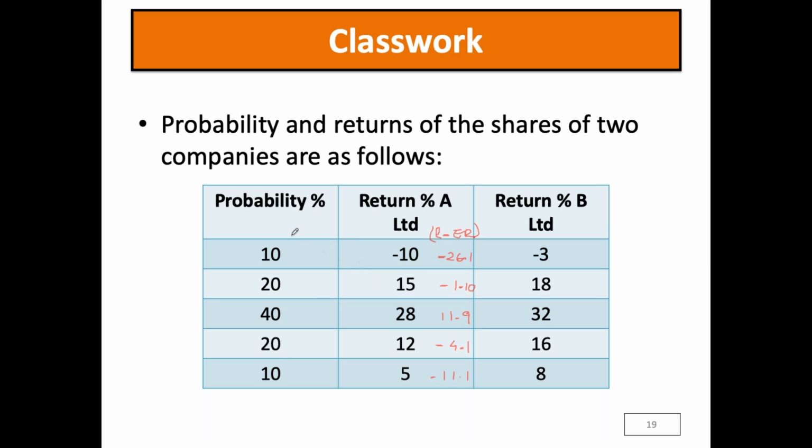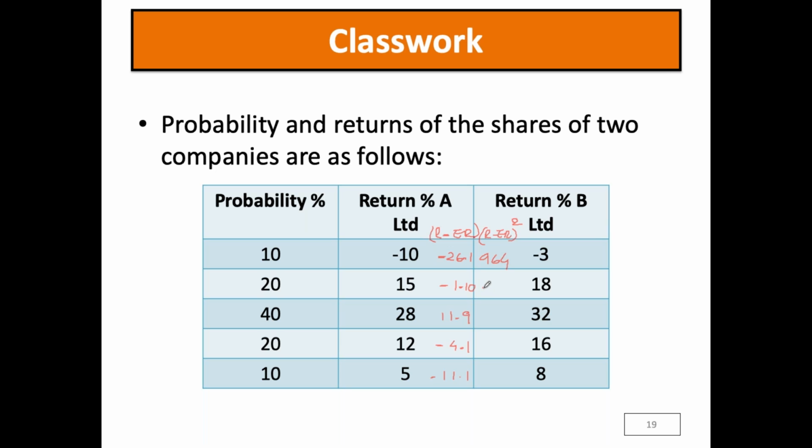Now the same mathematical things we have to do. Return minus expected return squared. Tell me quickly. 964 point, so I'll just write 964.